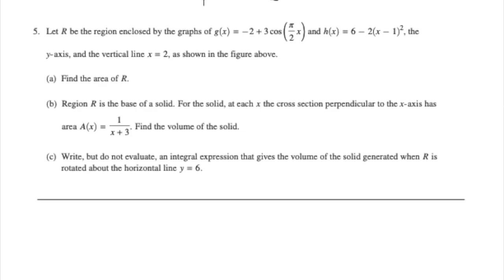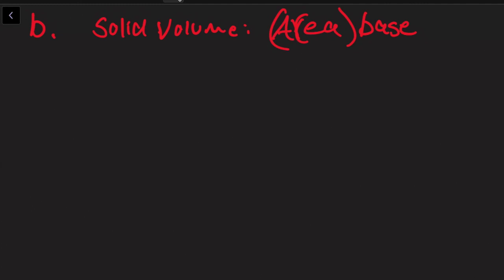Part B. Alright, so the region R is the base of a solid. For the solid, the cross-section perpendicular to the x-axis has the area A equals 1 over x plus 3. And so we can just set this up as a simple integral.